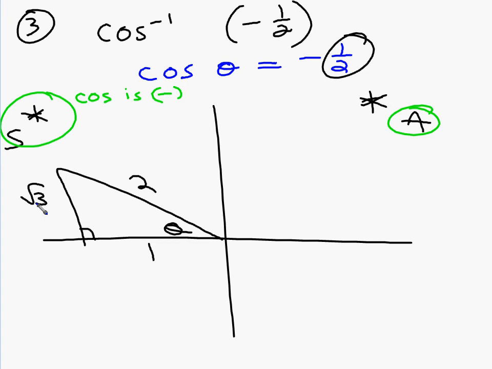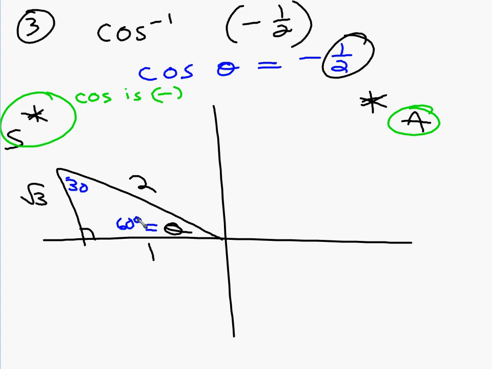So now we need to label my triangle. Since this is the side opposite of the 1, that's 30, and theta has to be 60. Now, we're not quite done. The answer is not 60.